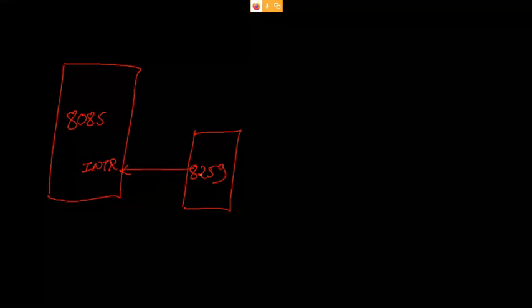So 8259 sends INTR towards 8085. INTR is an input signal for 8085. In response, 8085 sends INTA.